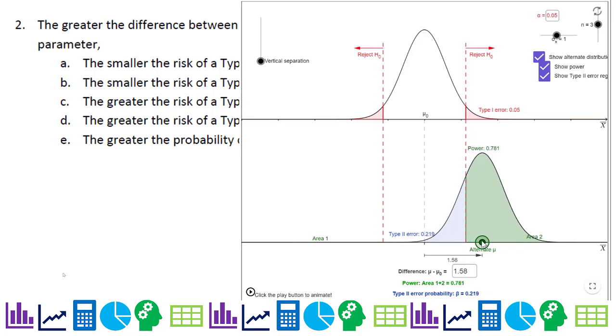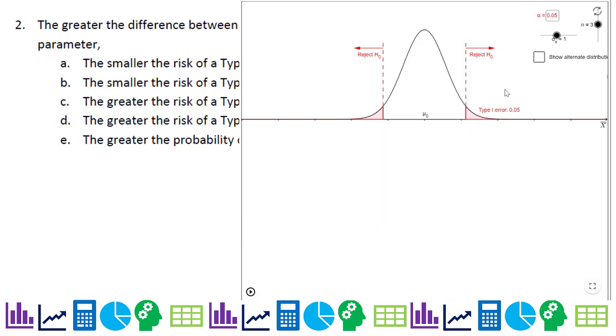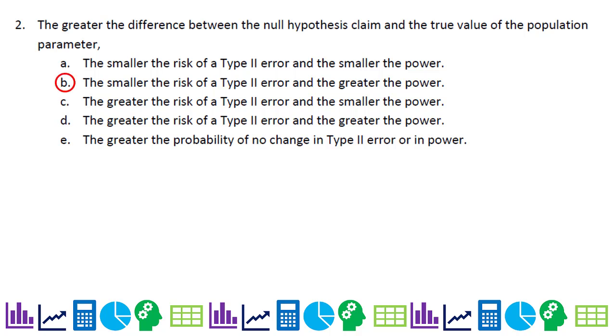So as the true mean and your hypothesized mean become further and further apart, in other words, the greater the difference, the greater your power and the smaller your chance of type 2 error. Okay. So the correct answer is B, the smaller risk of a type 2 error and the greater the power.